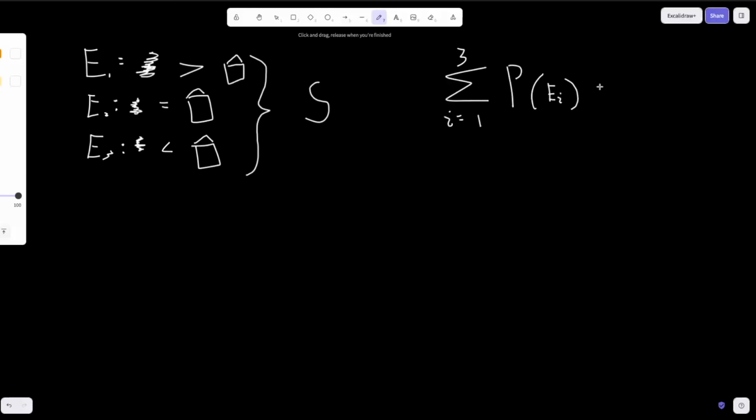So when we sum up the events, we know they're going to add to 1, okay? So this is to say the probability of event 1 plus the probability of event 2 plus the probability of event 3 is going to equal 1, okay? Let's move on and start solving.